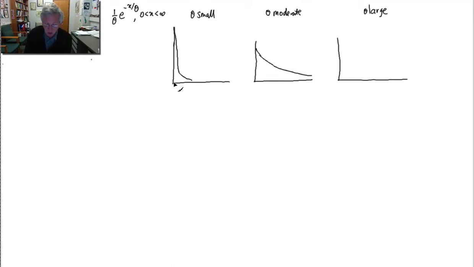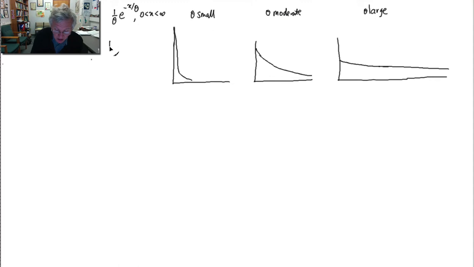So here theta is small, the mean is small, the mean is moderate here. And then when theta gets really large, it starts off quite low and it goes down very, very slowly like this. So whilst it's always over 0 to infinity, you can see that as theta increases, the average increases, and also the spread increases quite significantly as well.